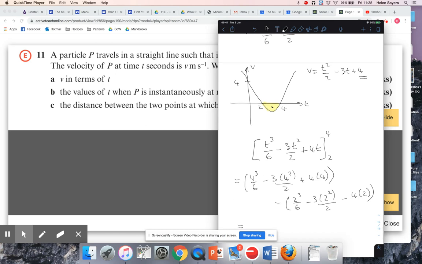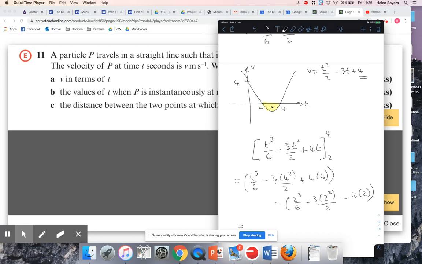Okay, so I am expecting this to give me a negative answer, assuming my sketch is correct. So minus 3 times 16 over 2 plus 16 minus 8 over 6 minus 12 over 2 minus 8.